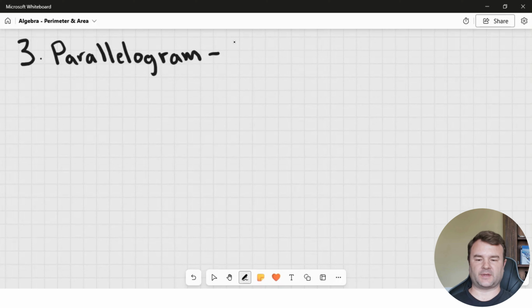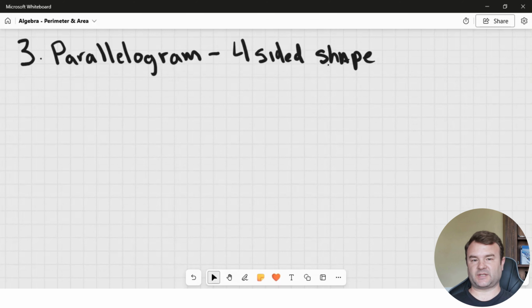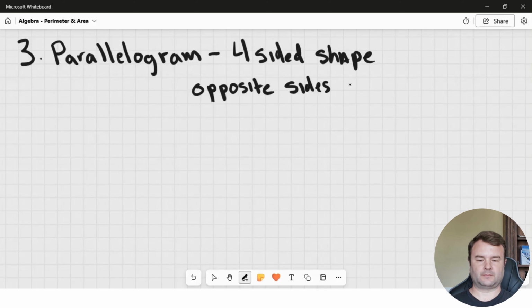So a parallelogram is a four-sided shape such that opposite sides are parallel. So opposite sides of this shape are parallel. And for simplicity here, we're going to assume that each of the opposite sides are of equal length.